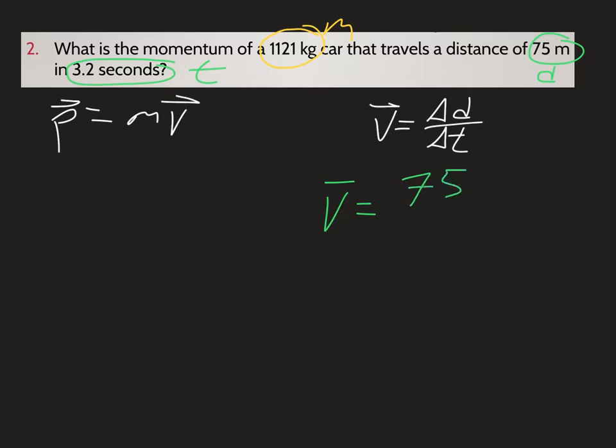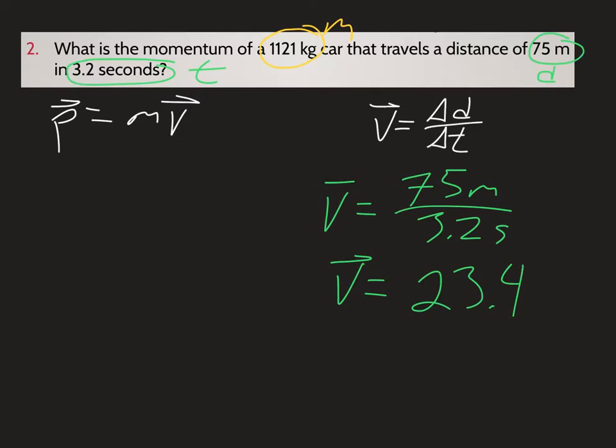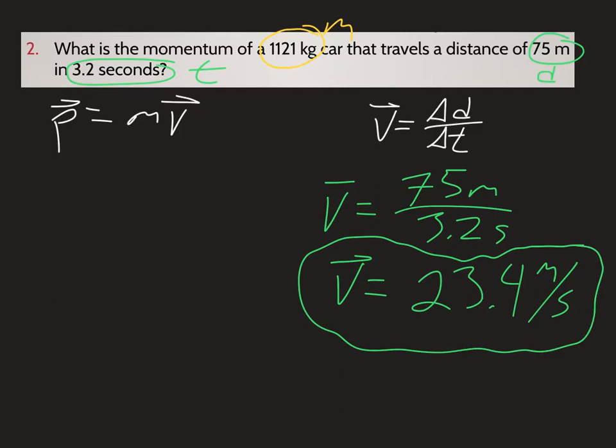We're going to plug in 75 meters divided by 3.2 seconds. And that's going to get us a velocity of 23.4 meters per second. Now I'm just going to kind of squiggle line that because it's not our final answer. It's just the velocity we had to solve for our momentum problem.